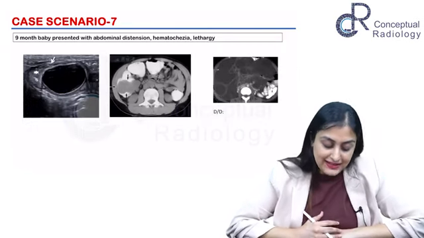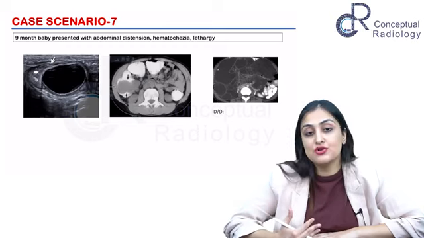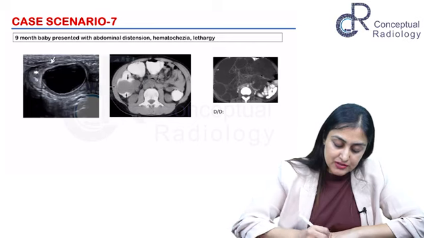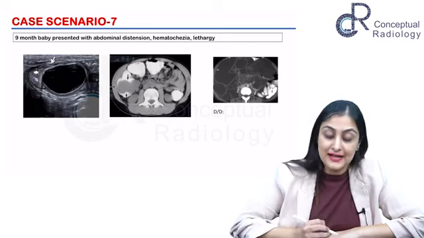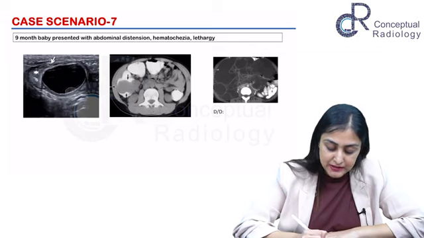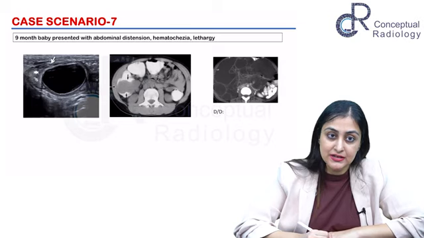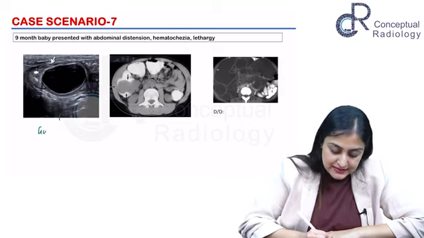So now we have a 9-month-old baby who's presenting with abdominal distension, hematochezia and lethargy. What you see on ultrasound here is this anechoic lesion with posterior acoustic enhancement, and what is remarkable here is that it has the gut signature, right? You see it in relation to the bowel, but the clincher here is that it is gut signature positive.